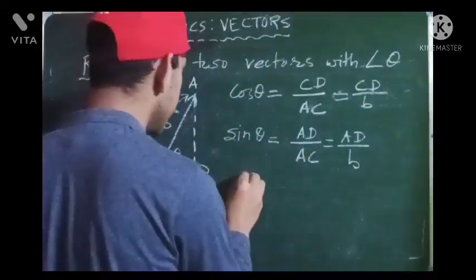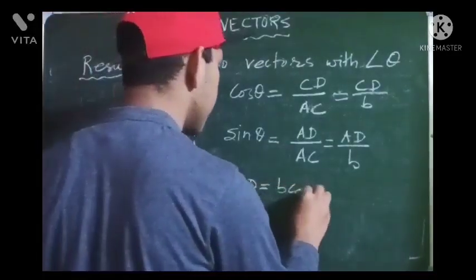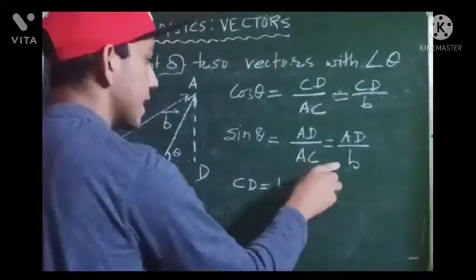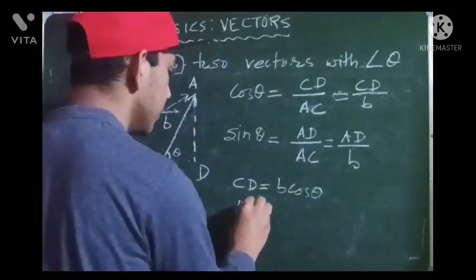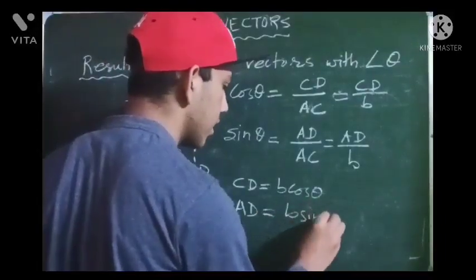Then we have CD is equal to b cos theta, and from this expression we get AD is equal to b sin theta.